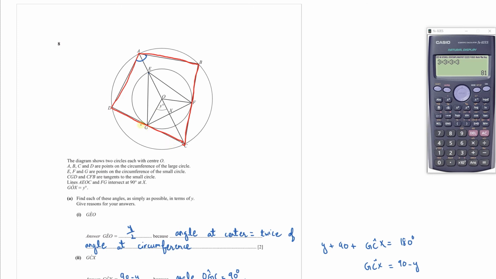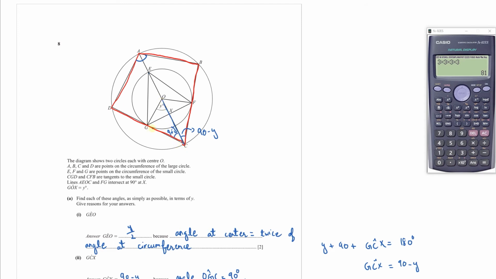Since these two lines are tangent to the inner circle and this line is from the center, these two angles are equal. We already calculated this is 90 minus y, so this angle will be 90 minus y as well, because of the property that when two tangents originate from the same point, the angle between them is bisected by a straight line from the center of the circle.